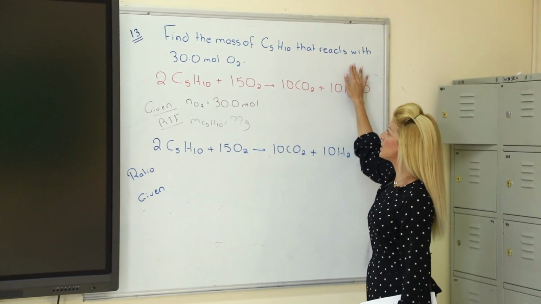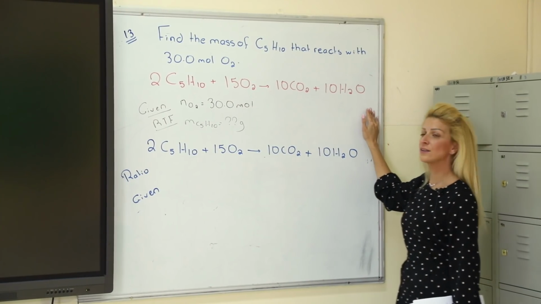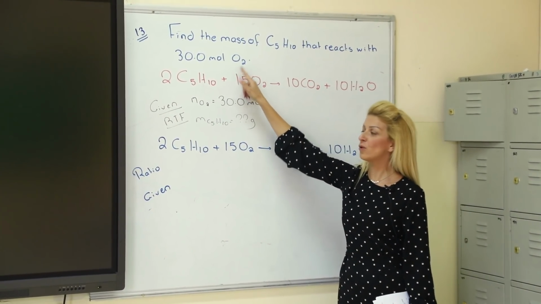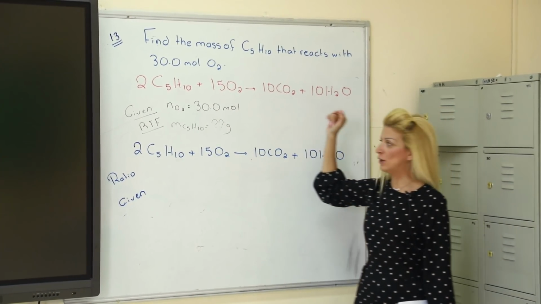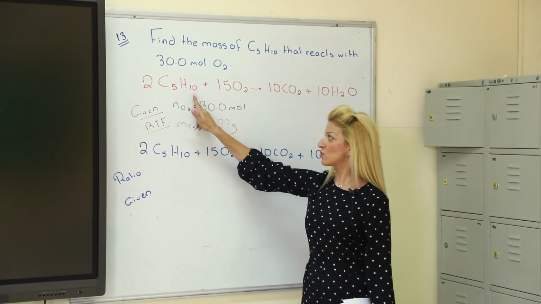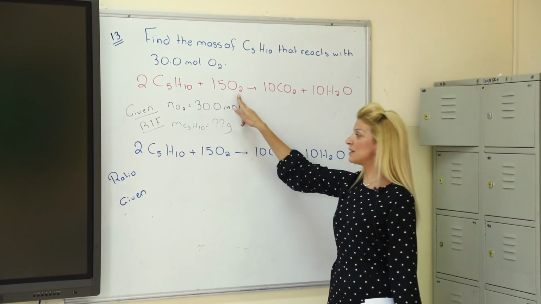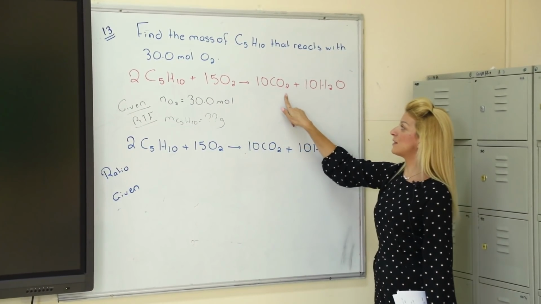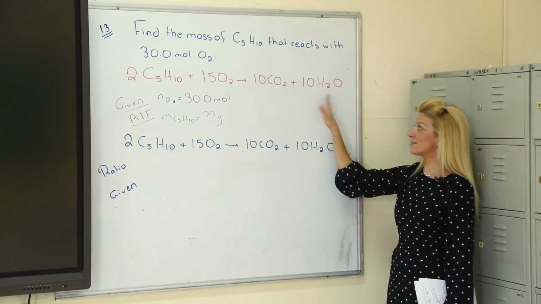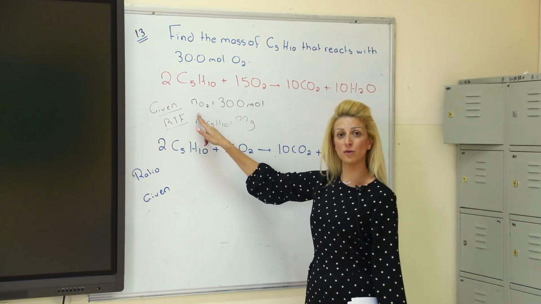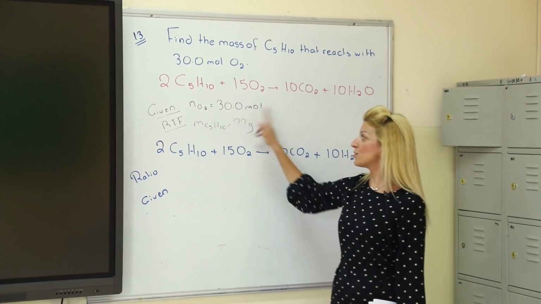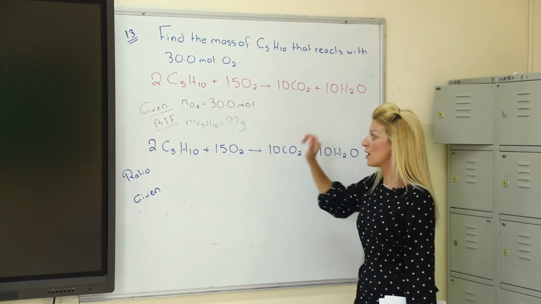Find the mass of C5H10 that reacts with 30.0 moles of oxygen. The equation of combustion is given below. 2 C5H10 reacts with 15 O2s to give 10 CO2s plus 10 waters. Given: number of moles of oxygen equals 30.0 moles.